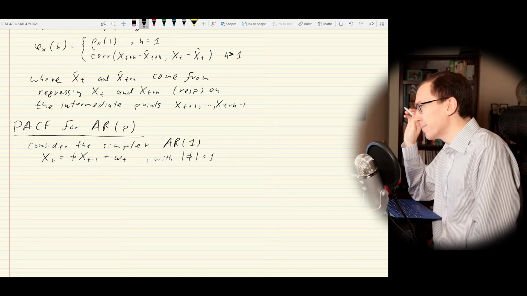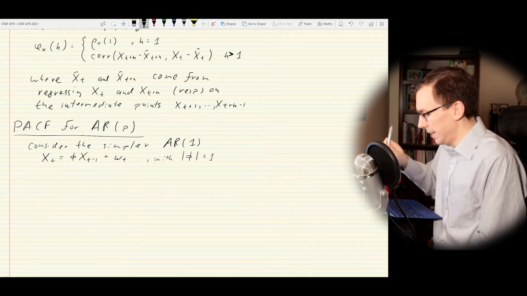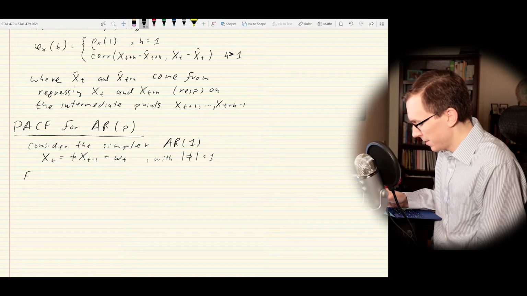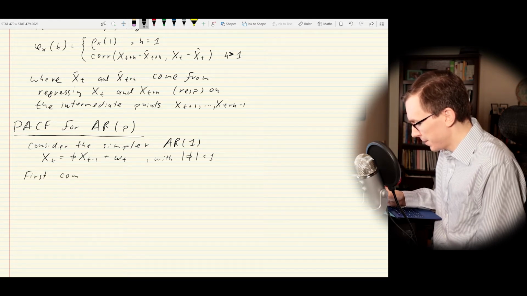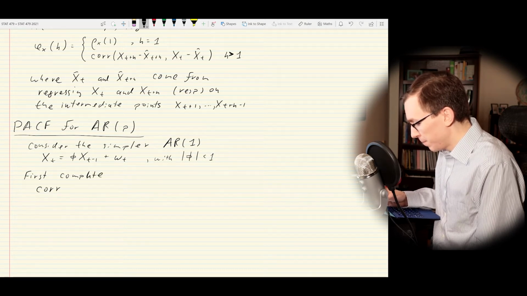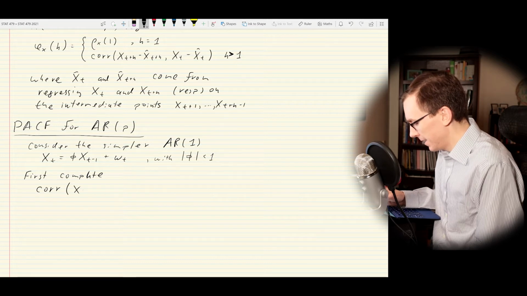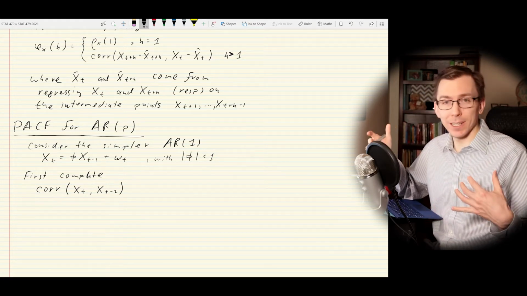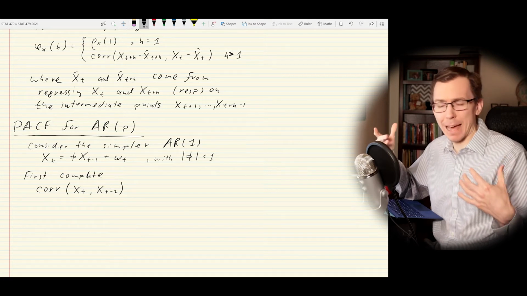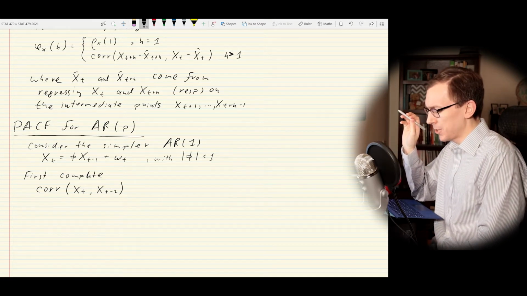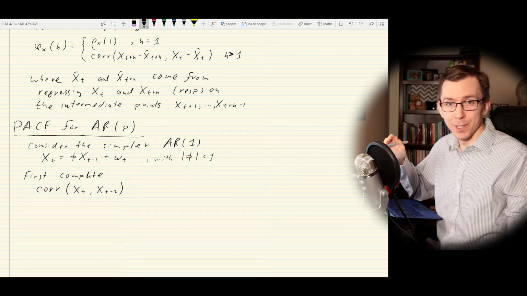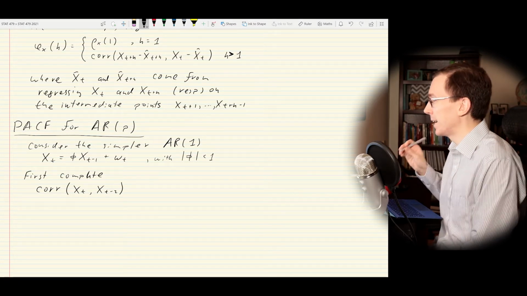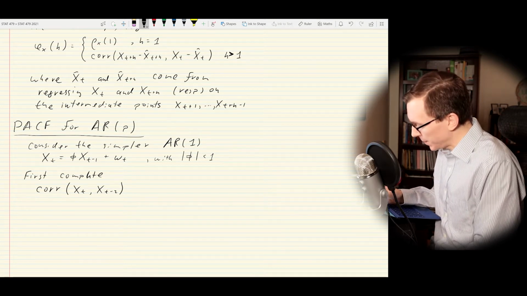Now, what we're going to do is say, first, compute the correlation between x_t and x_{t-2}. Before we get into the partial correlation, we're just going to take the correlation itself so we can contrast what's happening here. When we take the correlation between x_t and a time point 2 in the past, what's the easiest way to do that?